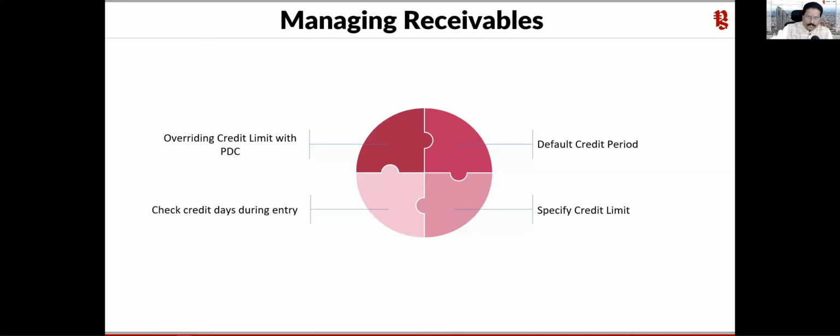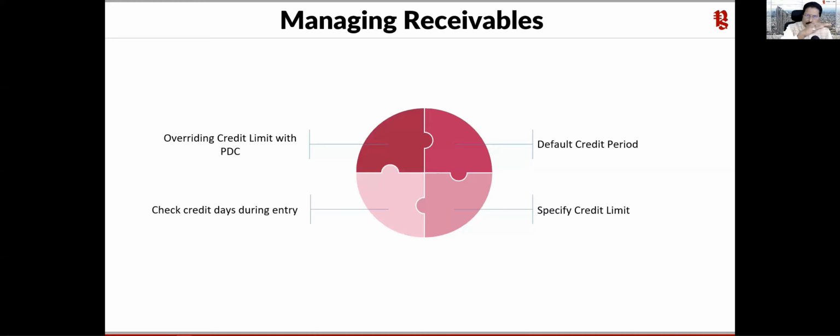If the new invoice you are raising is within the credit limit, considering the PDC check as received, Tally will allow it. In this example, he has given you a PDC check of 1.5 lakh rupees, and now you are raising an invoice for 2 lakh rupees.